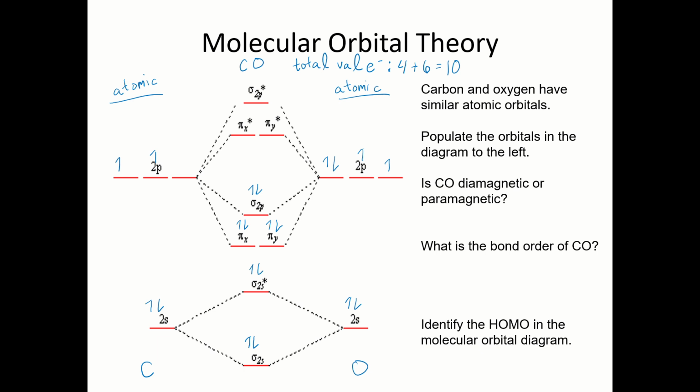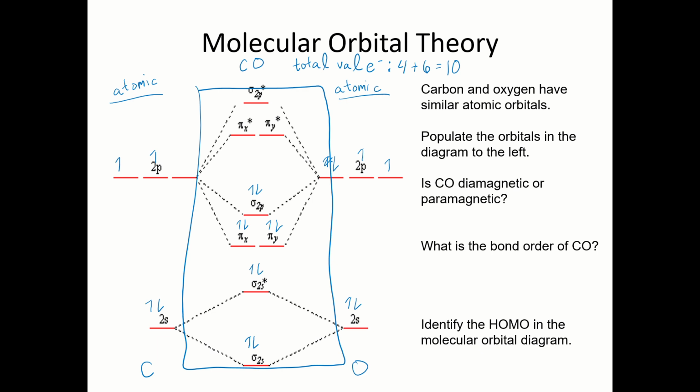So, is carbon monoxide diamagnetic or paramagnetic? Again, in the center, that's what we care about, and all of the electrons in the center are paired up, and so we have diamagnetic. And then what is the bond order? Our bonding electrons are going to be the ones where we do not have the star.